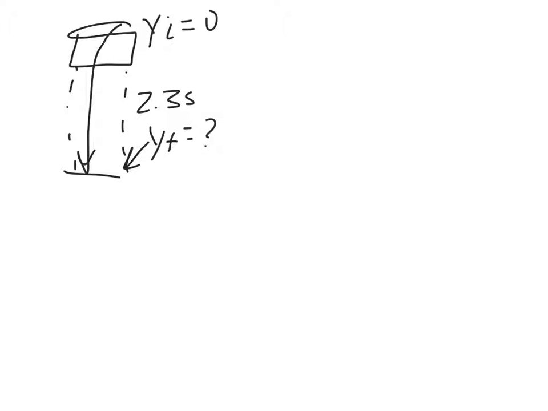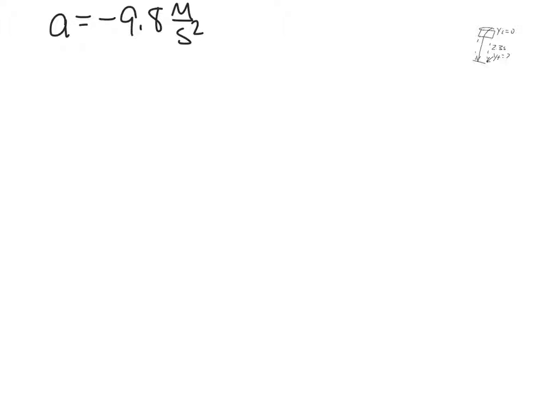Let me shrink this out of the way here. Okay, I don't need that anymore. So we have the acceleration is equal to negative 9.8 meters per second squared. Our position final, well, we don't know what that is.